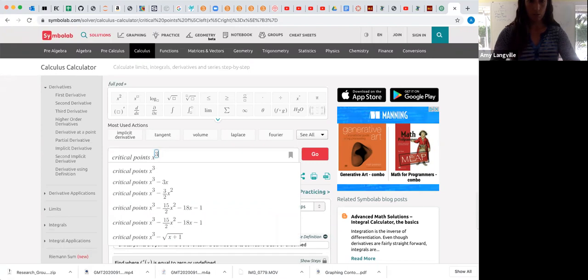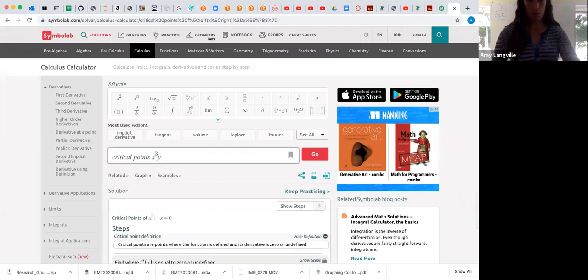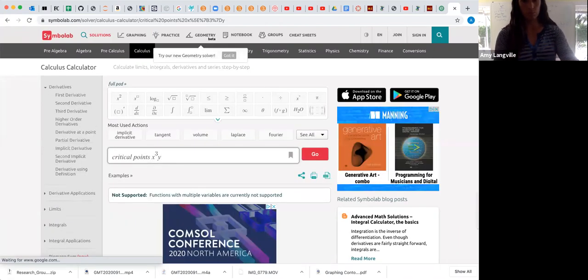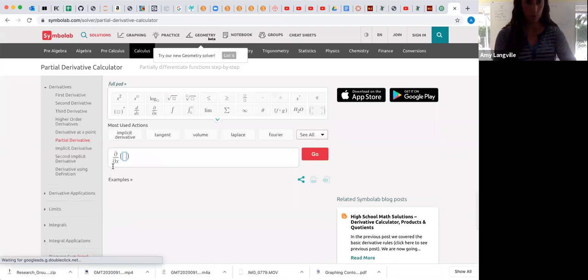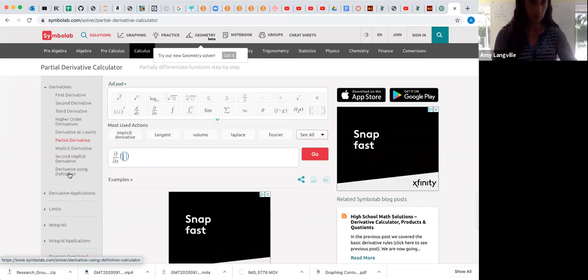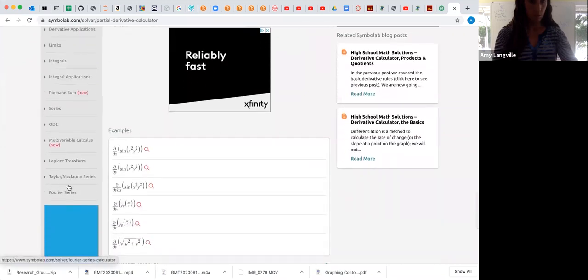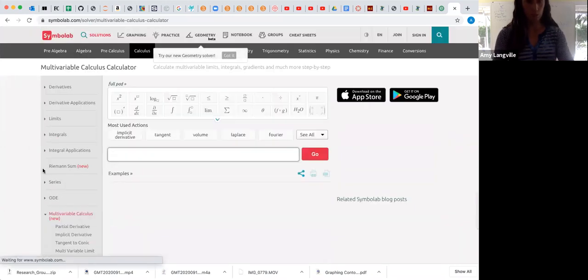Let's say we had x cubed times y. So this one doesn't support multiple functions at this time. I think there are ways that you can get derivatives and partial derivatives, and second order ones. It does have some multivariable calculus.